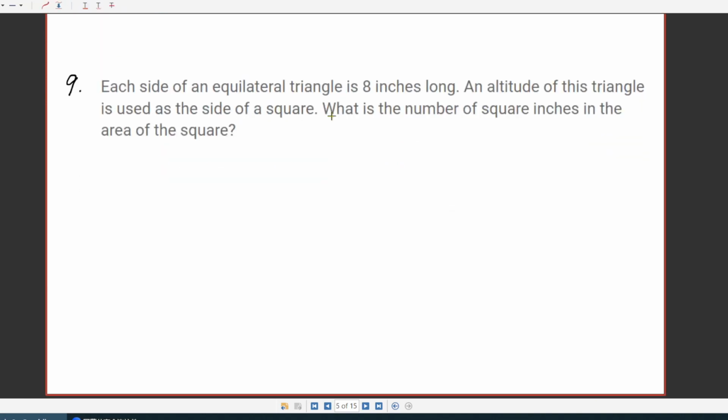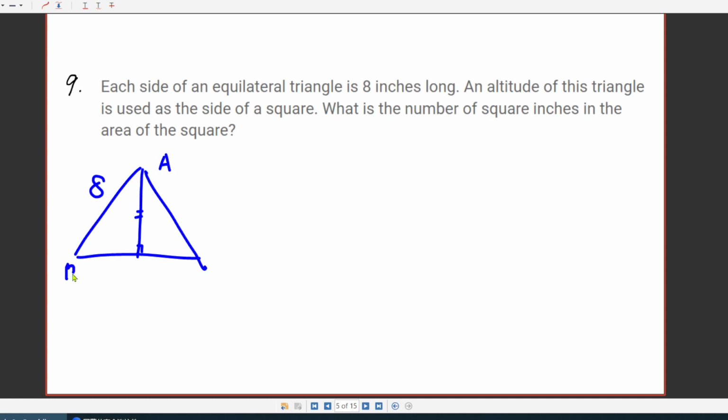Each side of an equilateral triangle is 8 inches long, and the altitude of this triangle is used as the side of a square. So this is the side of the square, right? So if you want to find the area of the square, you need to find the length of this side, right?